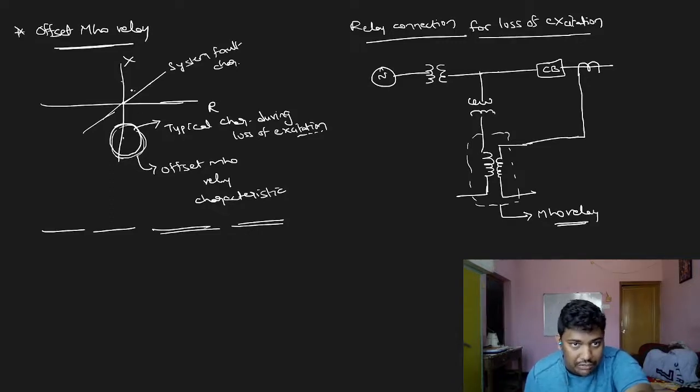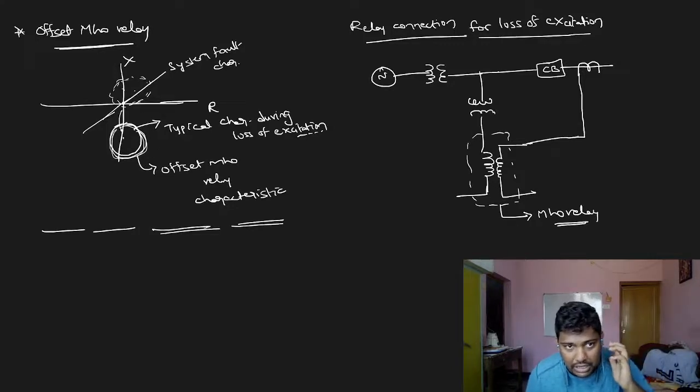So initially when it enters into the induction generator zone, initially the alternator characteristic will be somewhere here. Whenever it started working as an induction generator, the characteristic will be shifted to here where the mho relay is working, right? In this way it starts protecting.